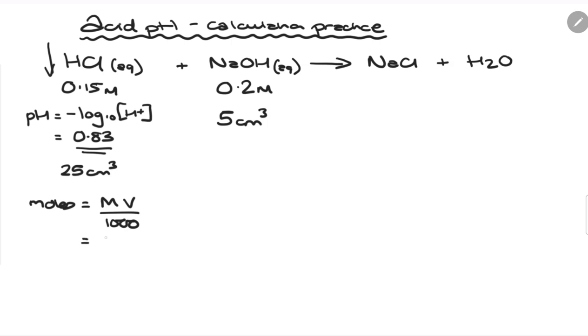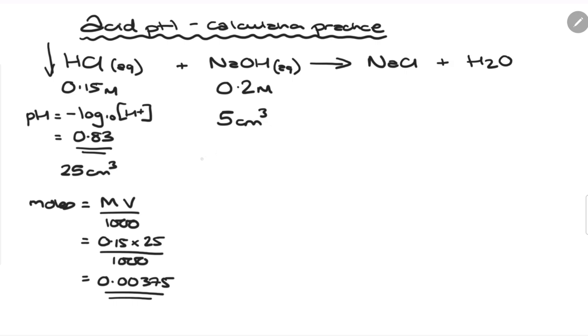This would allow us to calculate the number of moles of the HCl by taking 0.15, multiplying by 25 and dividing by 1,000. That would give us a number of moles of 0.00375, and that would be the number of moles of HCl that we started with.